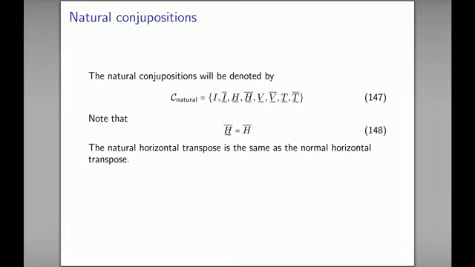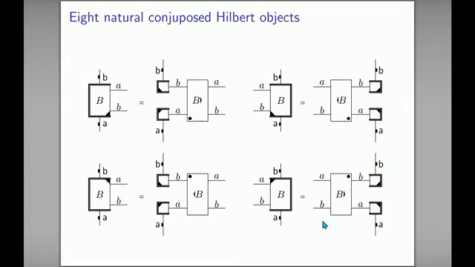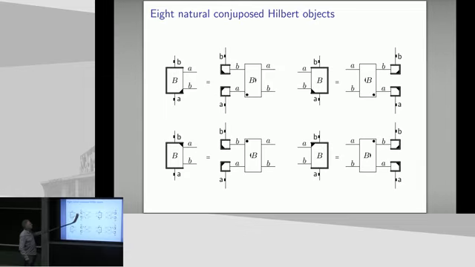One thing to note is that the natural horizontal adjoint is the same as the normal horizontal adjoint. If I go back, you can see that here you basically have a gamma with a B superscript, and here you have a gamma with an A subscript.